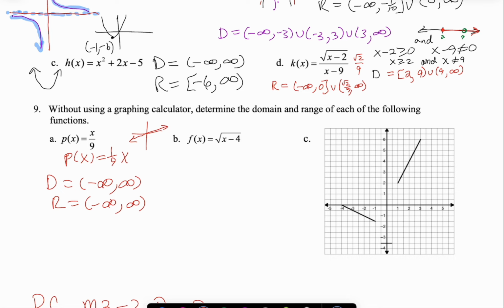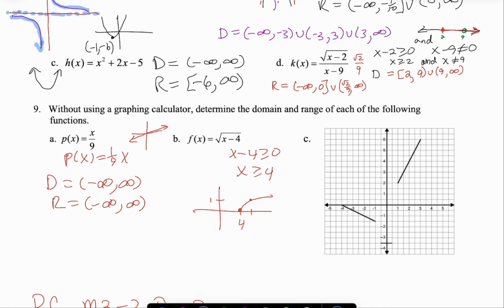Okay. Now for this one, remember, domain, we're going to set the inside greater than or equal to 0, solve. And what's cool about this is that tells me that we start at 4. And then we can plug in anything bigger than 4. Plug in 5. The square root of 5 minus 4 is the square root of 1, or 1. So at 5, we are at 1.